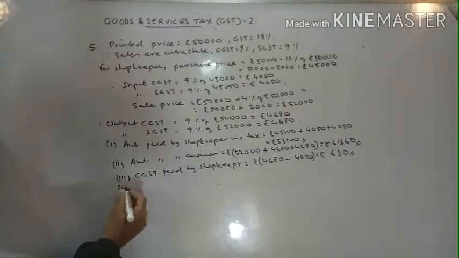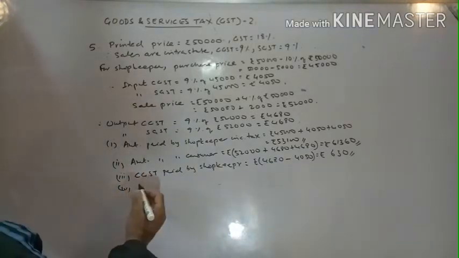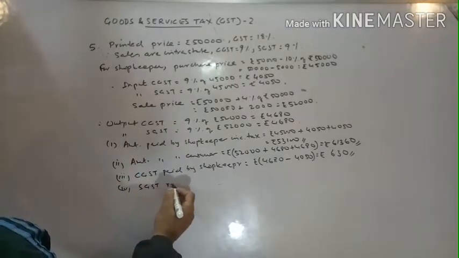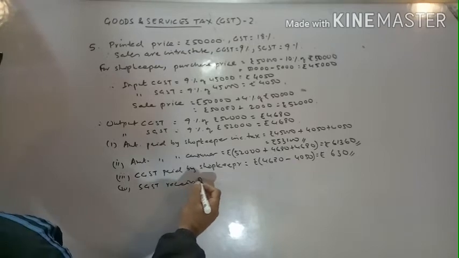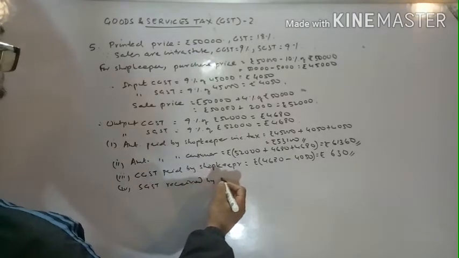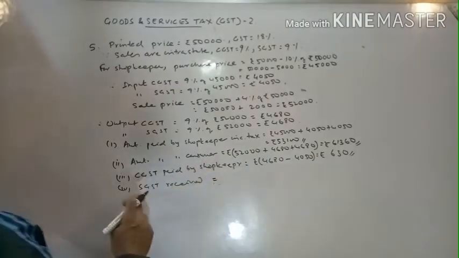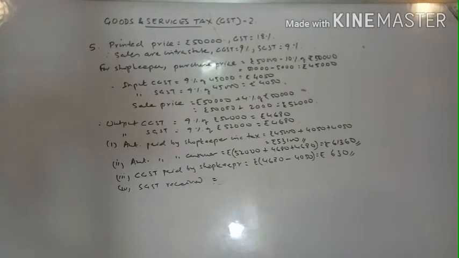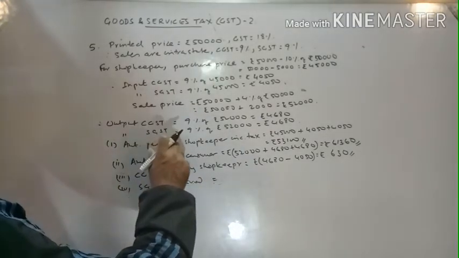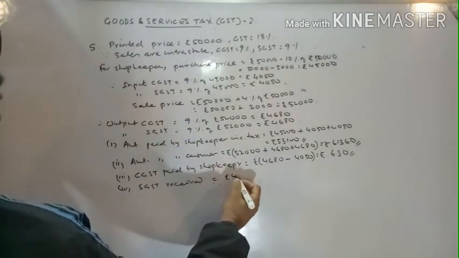Question number 4 says the amount of tax received by the state government. So SGST received by the government, SGST means the GST received by the state government. So how much will the state government receive? This output GST means rupees 4680. This is what the state government will receive.